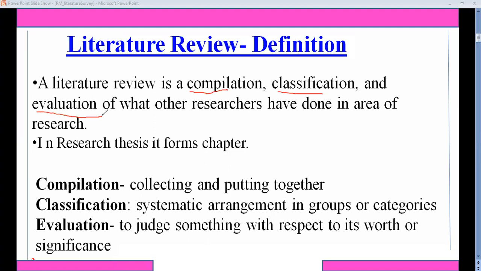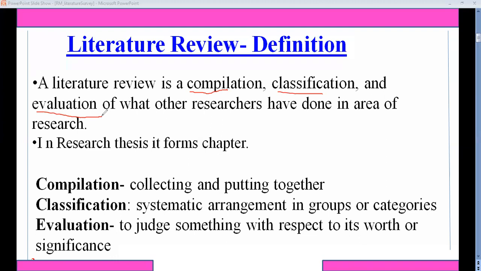Please understand. I already discussed in earlier lectures that many research students make hurry and they want to start the research all of a sudden, and that is not correct.